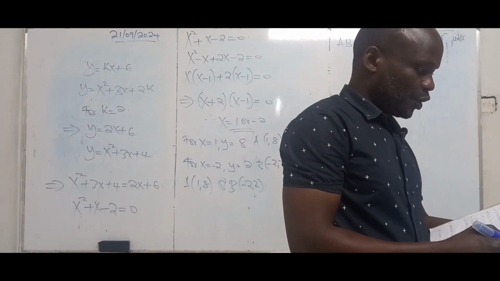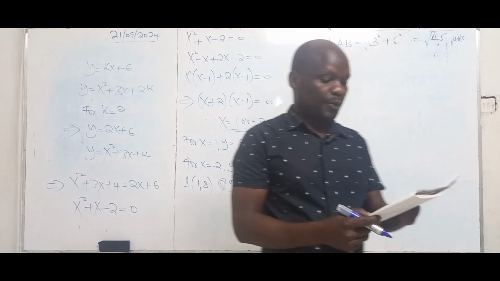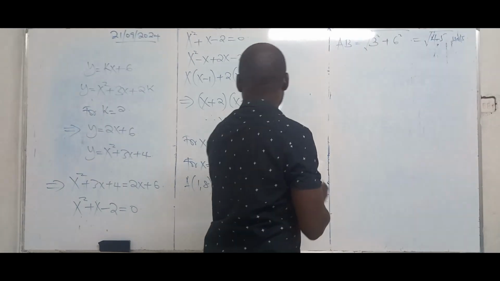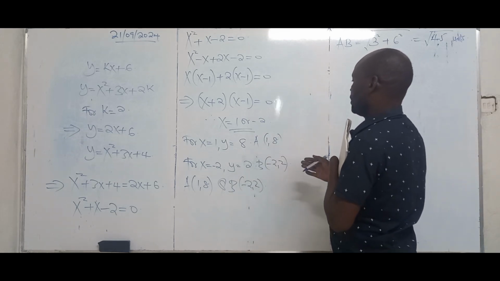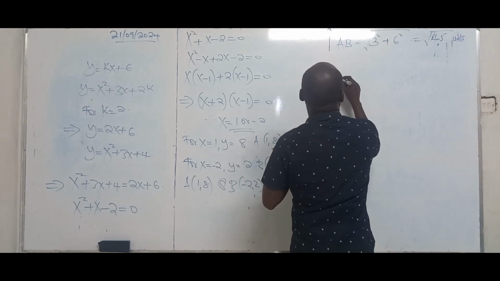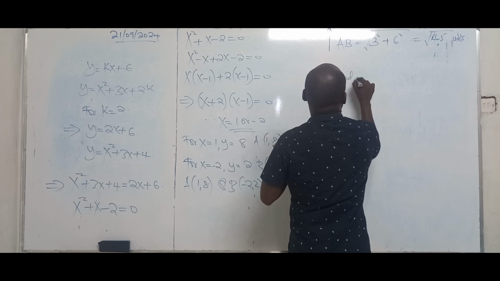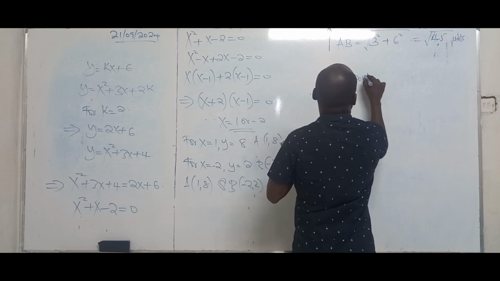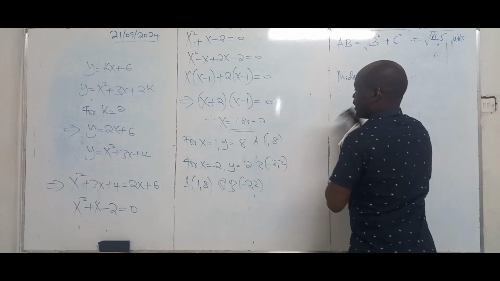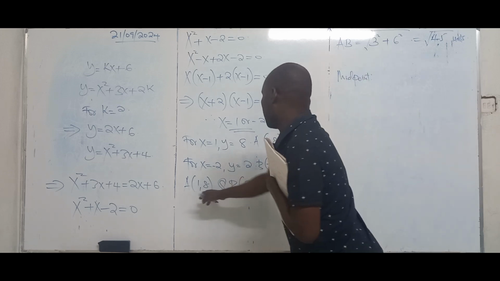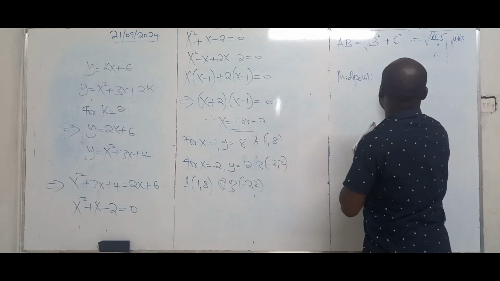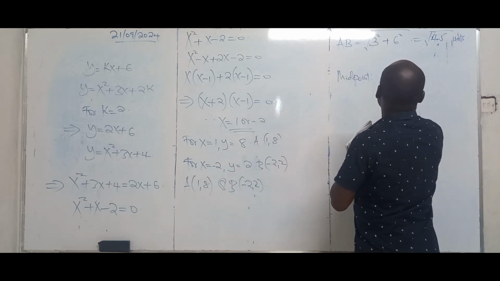Then the second question is the coordinates of the midpoint. The midpoint will be given by 1 plus minus 2, which is minus 1, so 1 plus minus 2 divided by 2.